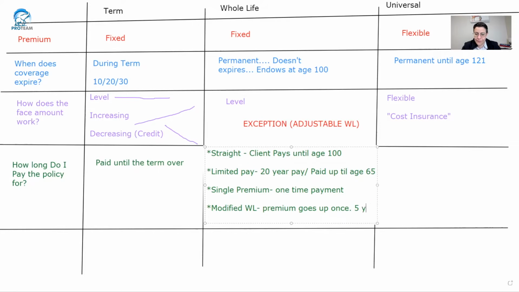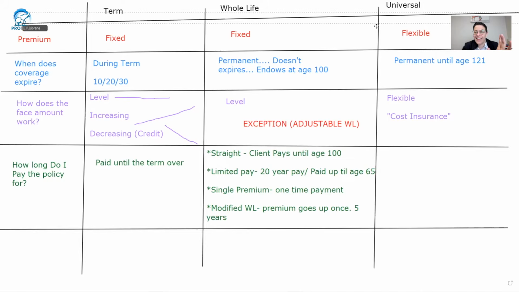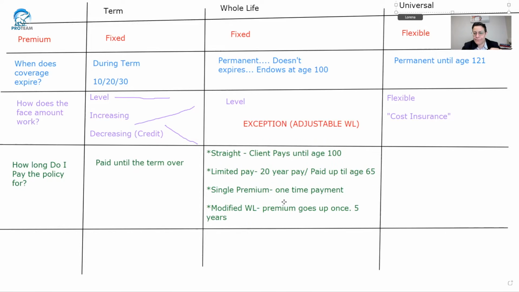Okay. So this one was the one that you were talking about, Franny. Remember that you said about the premium? I gotcha. Yeah, it just goes up once. So imagine the insurance company is just kind of giving you a discount. Think about that, right?